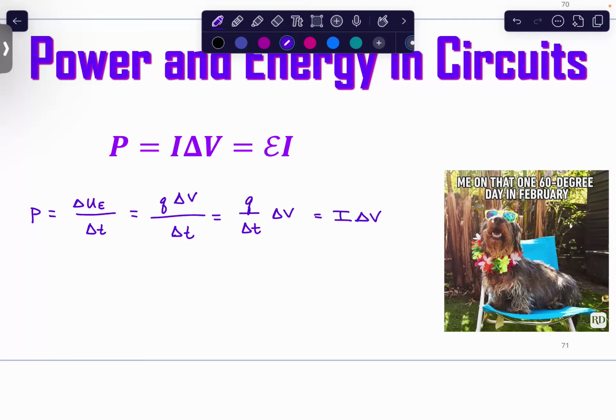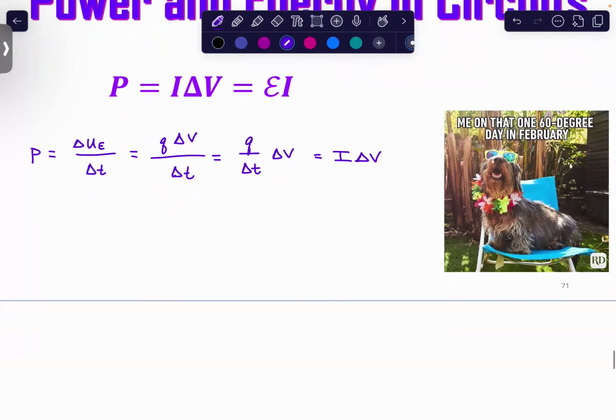So there's that one. Again, your units. Watts. So we see that this is amps times volts, coulombs per second times joules per coulomb, or joules per second.